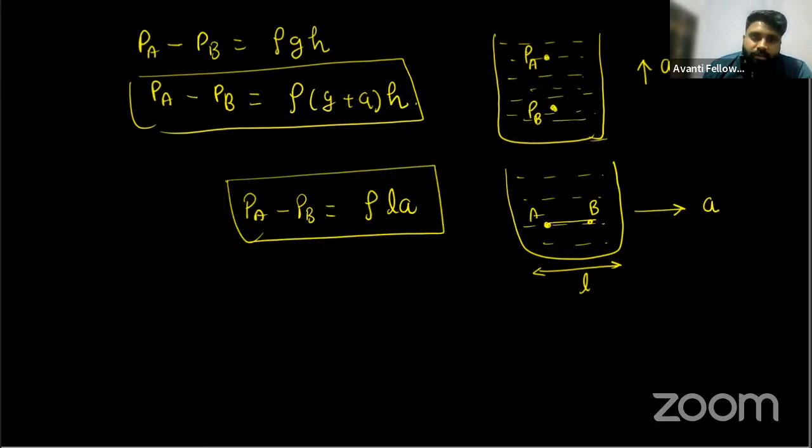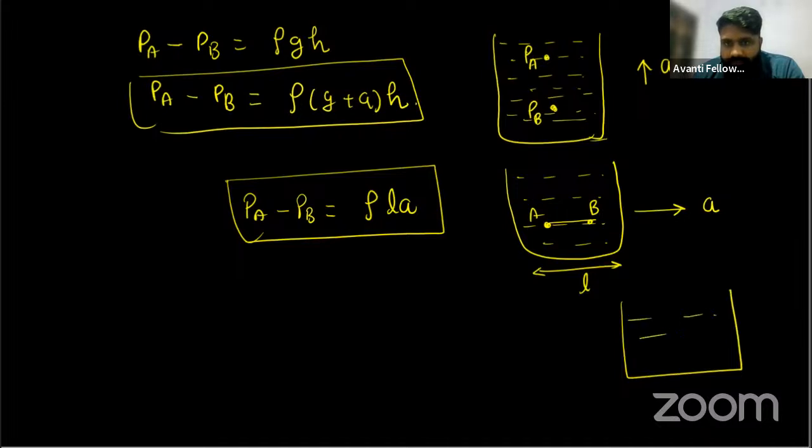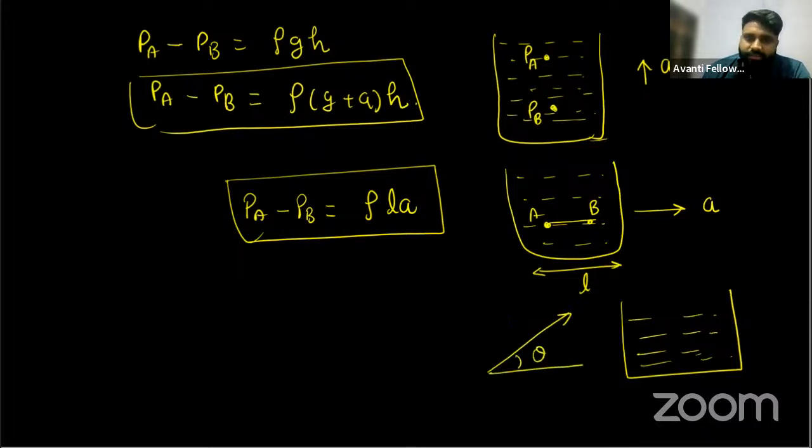So in case the vessel is accelerating in a random direction at angle theta with acceleration a, this component will become a cos theta, or you can say it is AX, and this component will become AY.